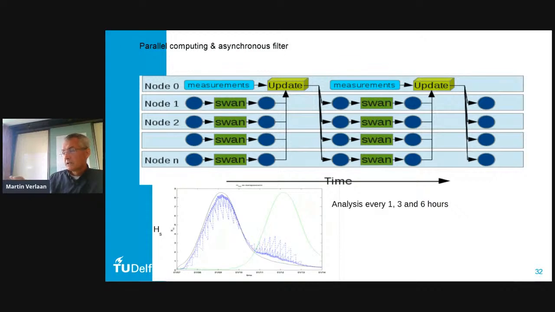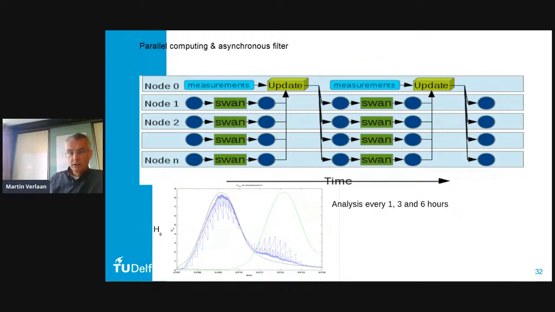So what we see here is that this setup was quite efficient in terms of running the models in parallel on a cluster and on different computer nodes. And what we applied here was an asynchronous Kalman filter, which means that although we have observations every hour, we only update at intervals of 1, 3, or 6 hours, depending on the different experiments.